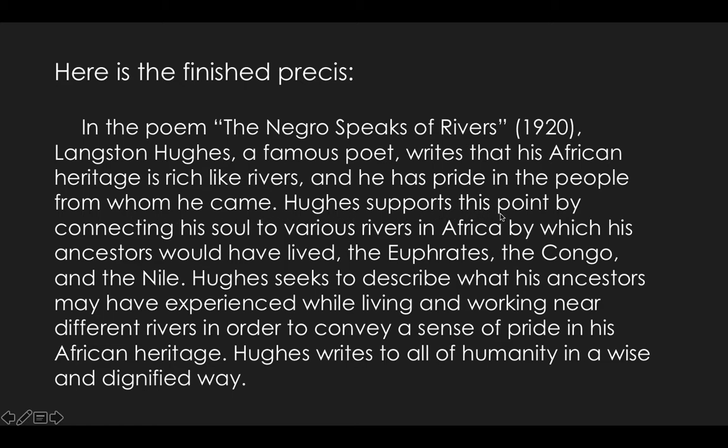Hughes supports this point by connecting his soul to various rivers in Africa by which his ancestors would have lived, the Euphrates, the Congo, and the Nile. Hughes seeks to describe what his ancestors may have experienced while living and working near different rivers in order to convey a sense of pride in his African heritage. Hughes writes to all of humanity in a wise and dignified way.